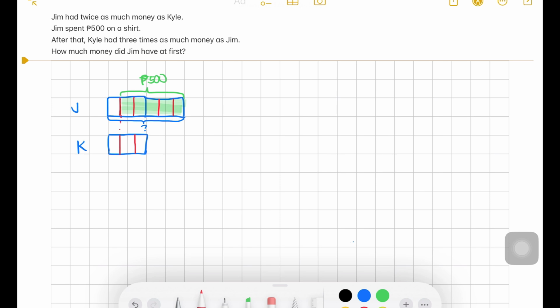All right, so given that, we now see how many units the 500 stand for. So for the 500, it's 1, 2, 3, 4, 5 units. Okay. So 5 units is 500 pesos. We get 1 unit by dividing it by 5.